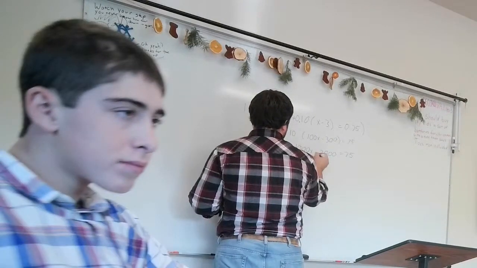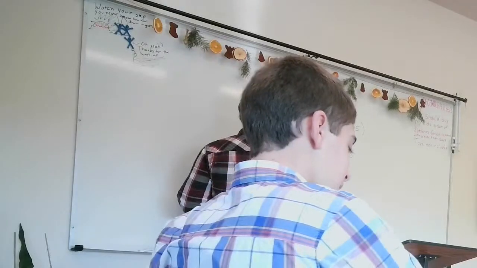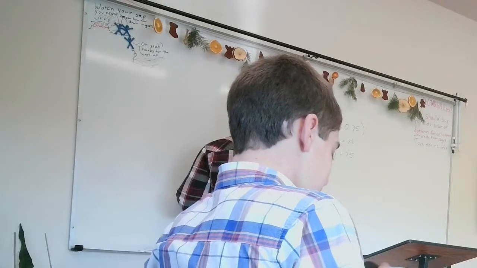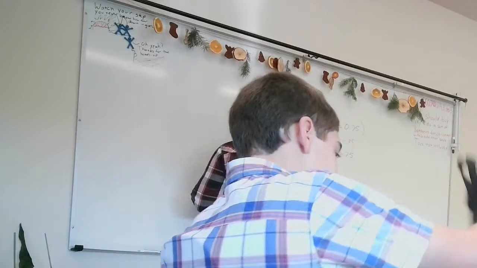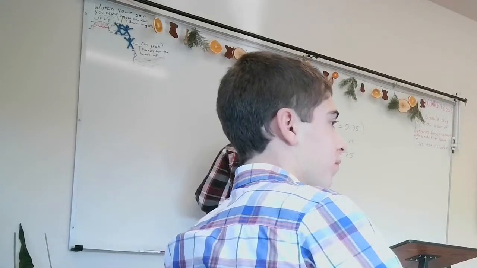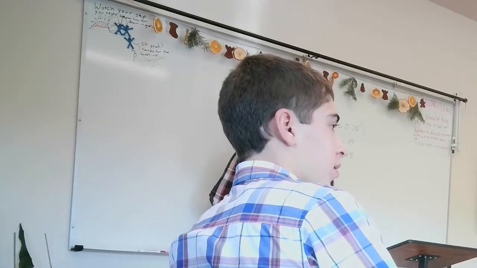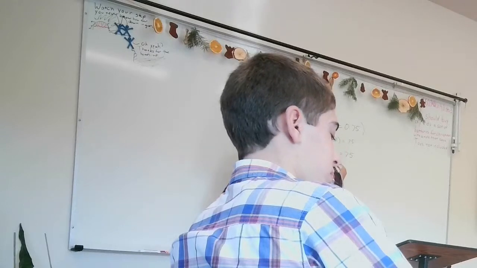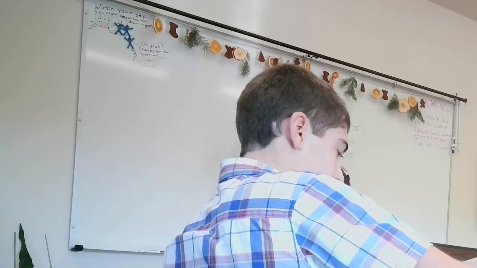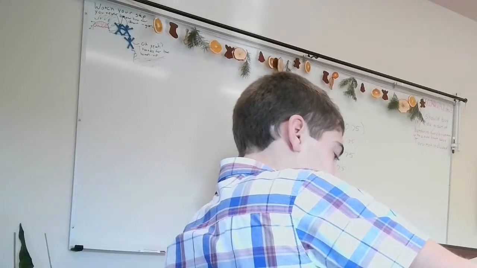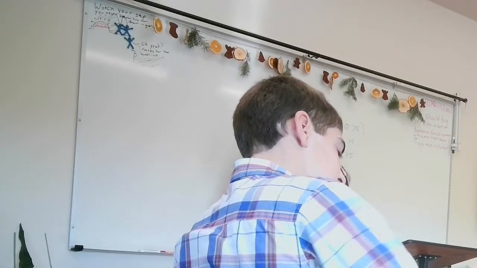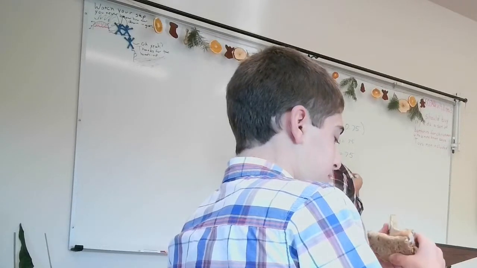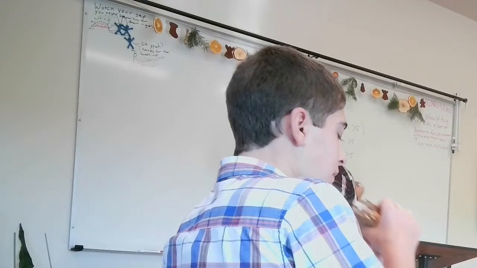So what about this? Oh, this is plus. So it's 1,005 minus 3,000. Yeah, 2,000. And then you divide 3,075 by 1,005.